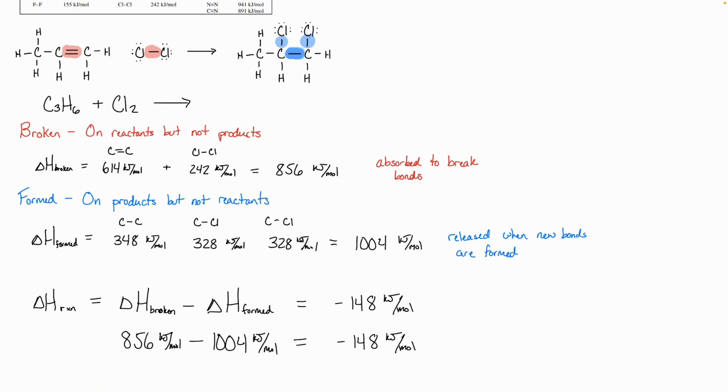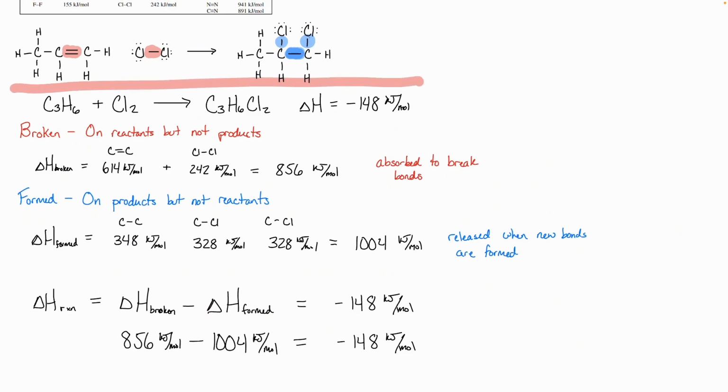That gave us our product here, which again had 3 carbons, 6 hydrogens, and 2 chlorines. And this reaction had a delta H of negative 148 kilojoules per mole. All right, so here's just summarizing what we established through our calculations here.